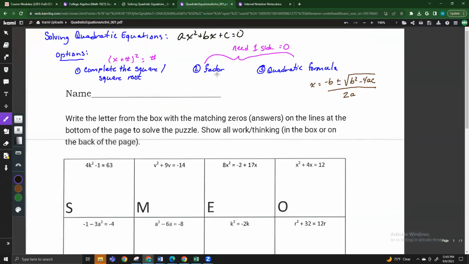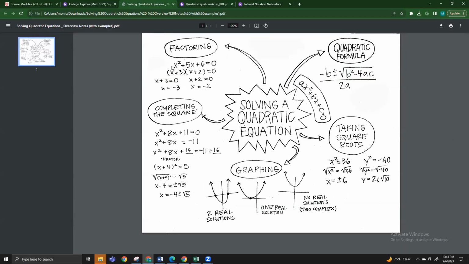If I want to factor or use the quadratic formula, I need to have one side equal to 0. When I'm looking here, it's got everything over here and it equals 0. This one doesn't have it set up, but you do need it to have all of that. It does have it set up right here: ax squared plus bx plus c equals 0.